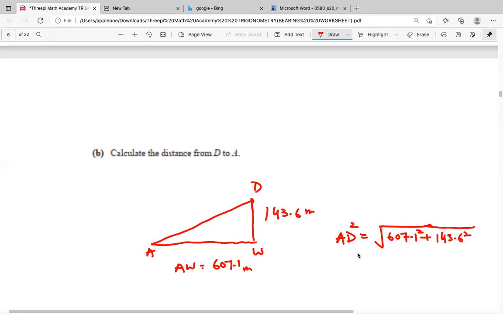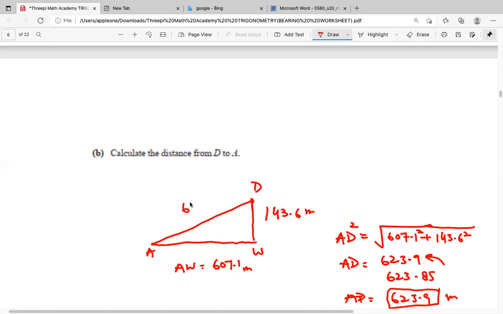The result is AD is 623.9, or 623.85. Better to write it 623.9. That's the result. Okay. Answer is AD is equal to 623.9 meters. That's the length.